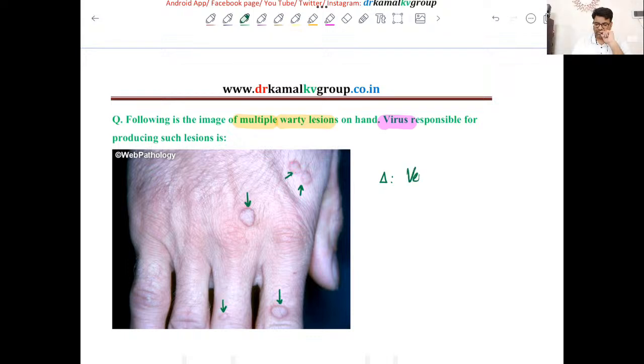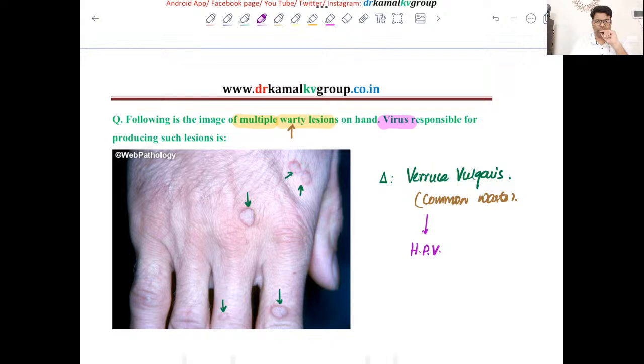So this is Verruca vulgaris. Yes, Sanghamitra, very good. This is Verruca vulgaris, also known as common warts, right? And if you look at the statement proper, they have already mentioned warty lesions. Yes, wonderful, Sanghamitra. This is human papilloma virus, okay?